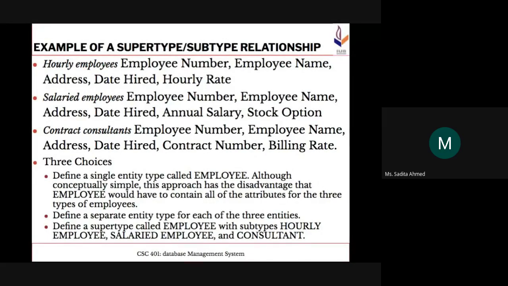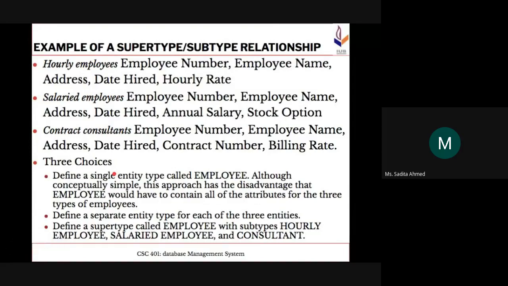If we do that, what's going to happen is ওই যে যেটা বললাম যে let's say if I want to search an employee by an employee number or an employee name, what do I have to do? I have to go through each of these 3 entities separately, which is inefficient. All right. So in that case, our best option is what? Have both. Have both an employee entity and all these 3 entities as well.